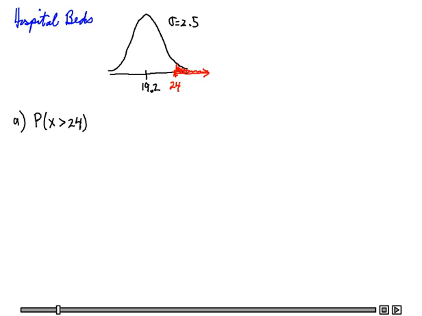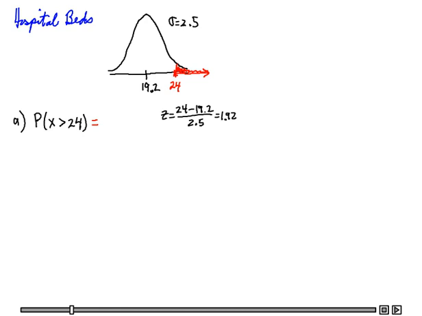Now to get that, I'm going to need to find the z-score of 24. So 24, how many standard deviations is it from 19.2? So I'm dividing by 2.5, and I get 1.92. It is almost 2 standard deviations to the right of the center of this distribution.